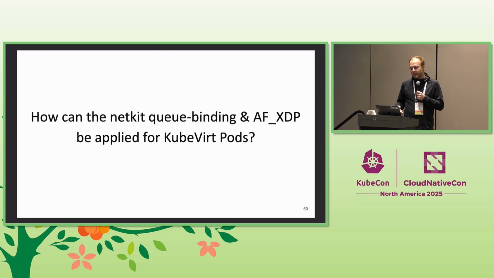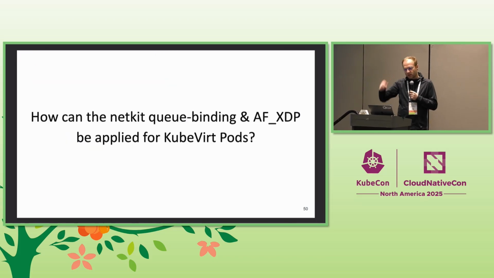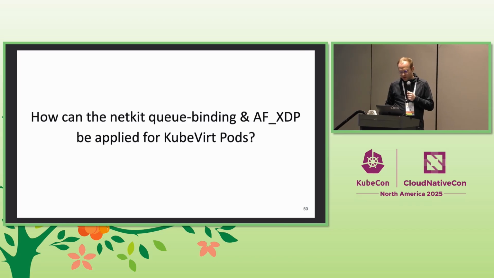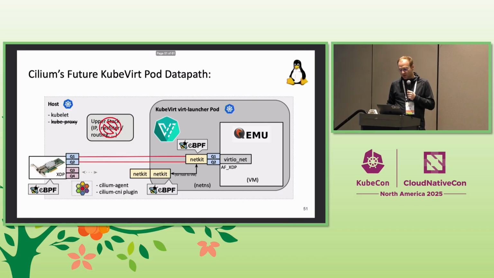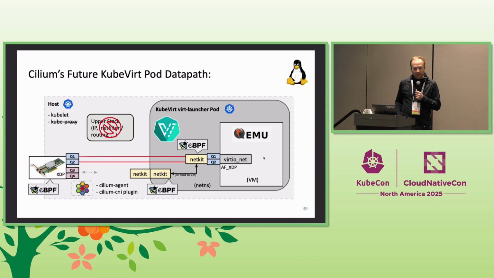Anyway, coming back to netkit queue binding and how this can be applied to KubeVirt pods. The idea now looks like this. We have the physical device, which has a set of queues reserved for netkit. Netkit exposes them in the virt-launcher pod, and then QEMU is started with the AF_XDP backend this time.